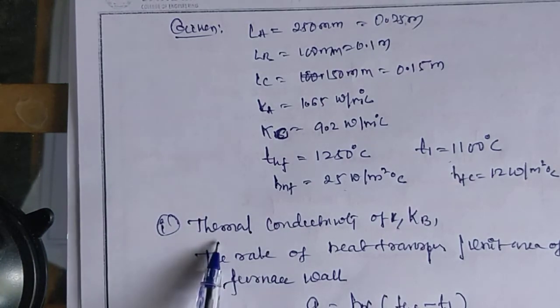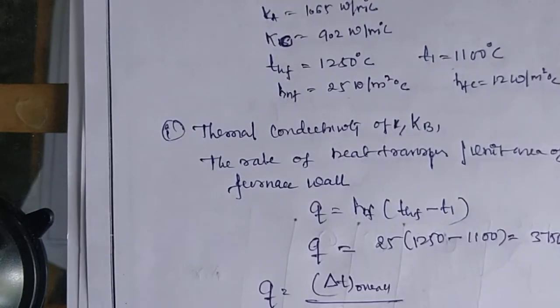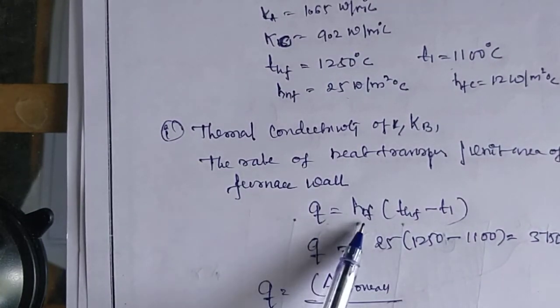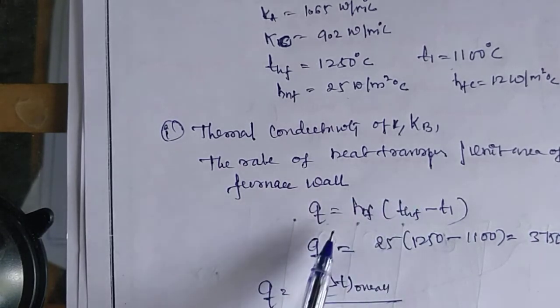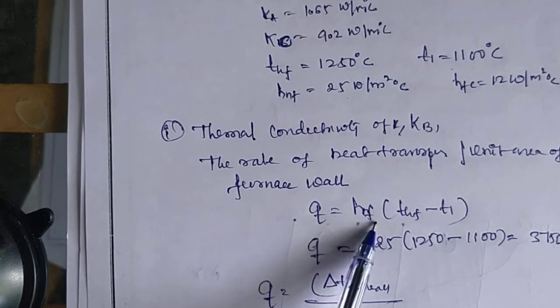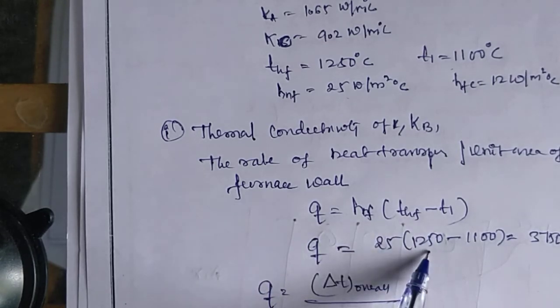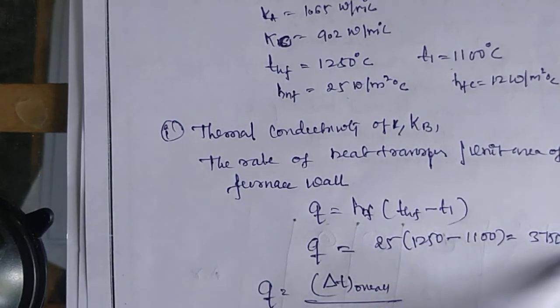So first, to calculate the thermal conductivity K, we need to find out what is the Q. So Q on this side is purely convection only. That's why we have written Q is equal to HF into (THF minus T1), that is 25 into (1250 minus 1100), that becomes 3750 watt per meter square.